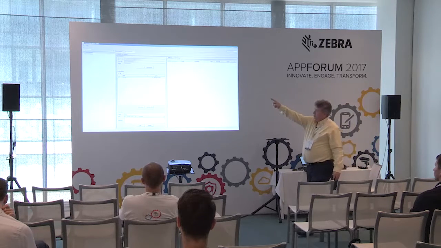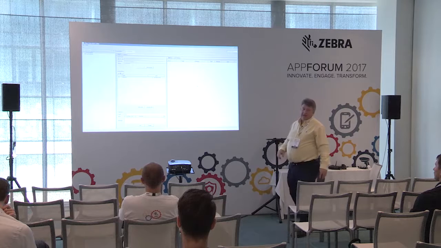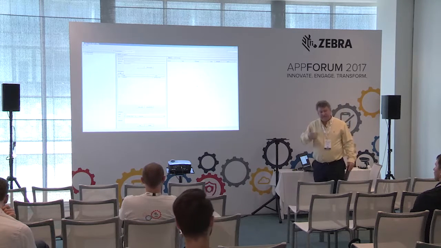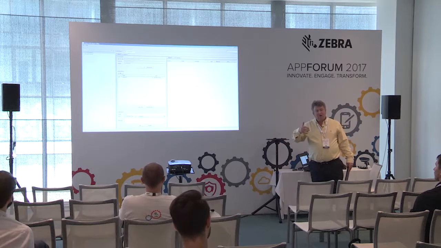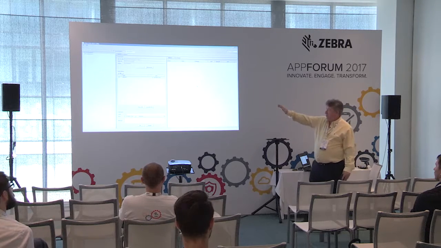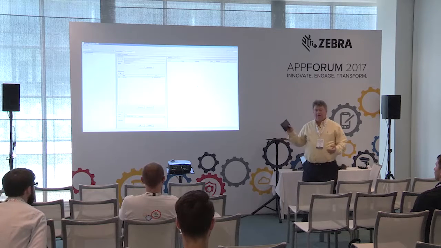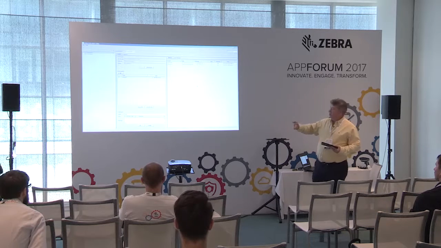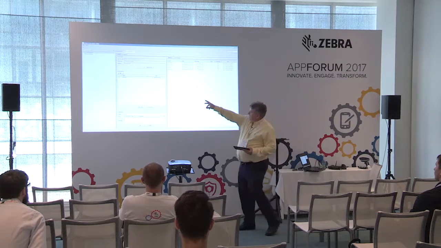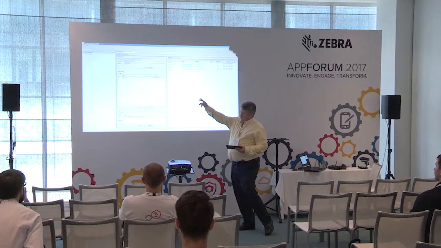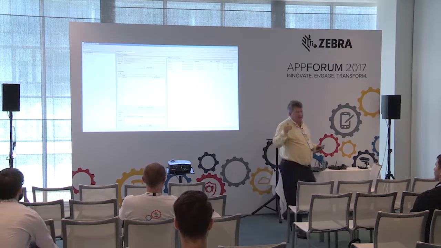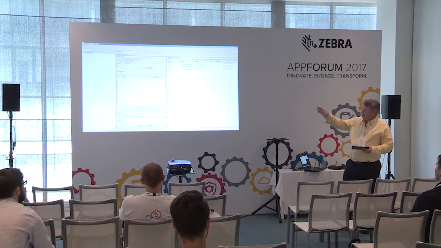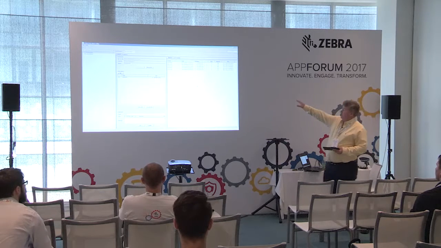I've just connected it to my home server where I've got a Mosquitto broker running. Effectively, it allows me to eavesdrop on all the messages going into the broker because you can subscribe to the same topic. I have an app on here which is talking to a server, but we're all using the same broker. So if I subscribe to the same topic, in this case, I've just subscribed to zebra slash hash, which means a wildcard. Any topics that start with zebra, I'm going to receive into here.